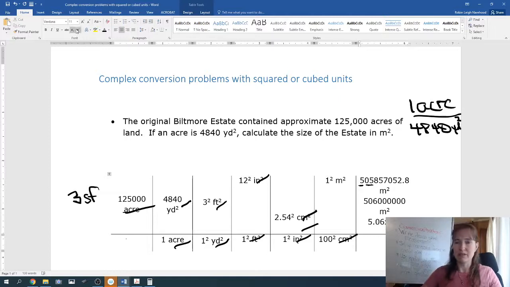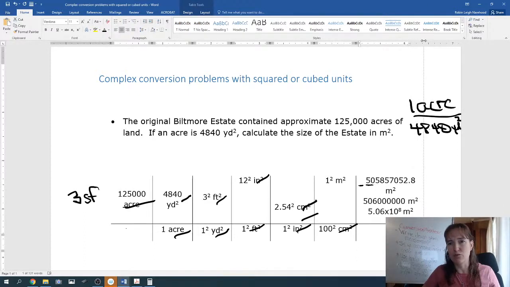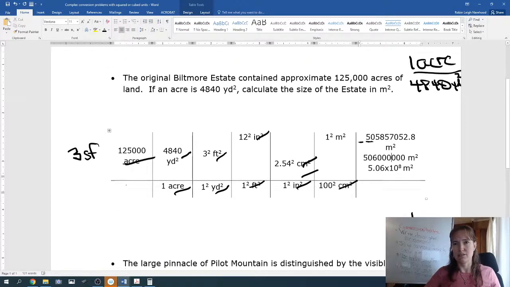And that's 3 significant digits. And then the unit is meters squared. So either one of these two answers, either in standard form or in scientific notation, is correct because they both are just 3 significant digits.